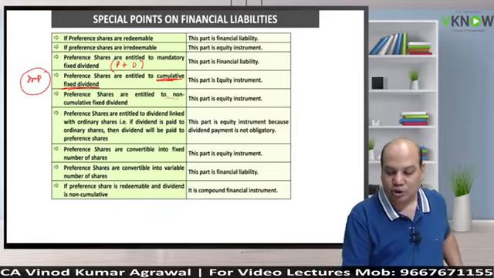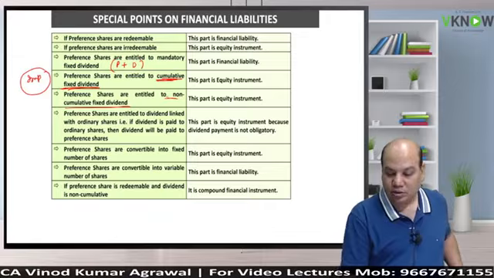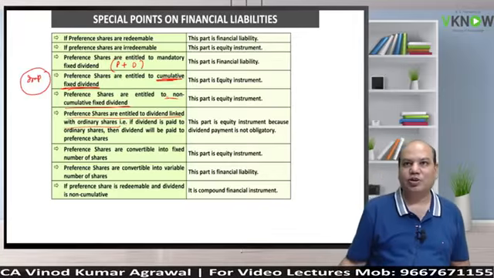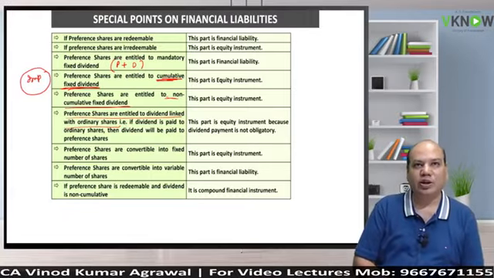And what about non-cumulative? This in any case is equity. There is no obligation to pay, and if you don't pay, it lapses. Then preference shares entitled to a dividend linked with ordinary shares. In some companies, though in India I have not come across any company issuing this kind of preference share, the preference dividend will be paid only when the equity dividend is declared.